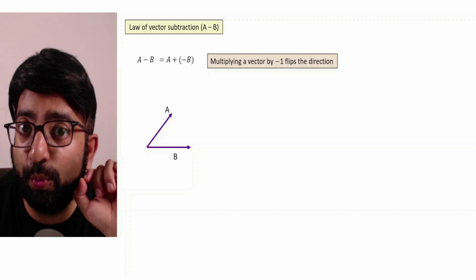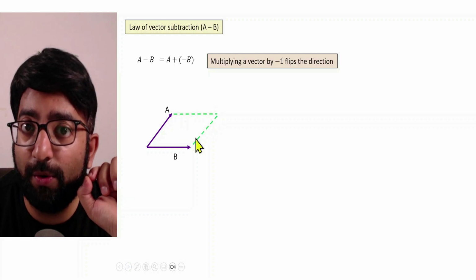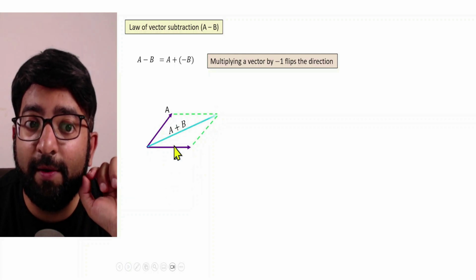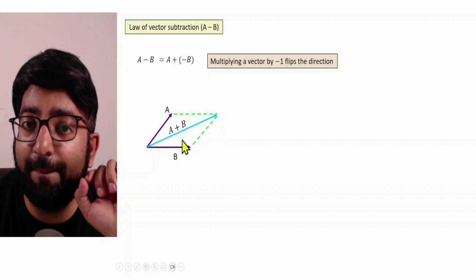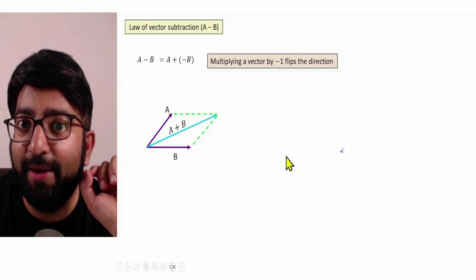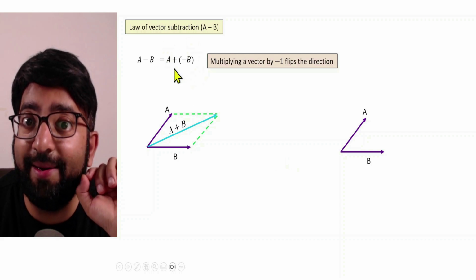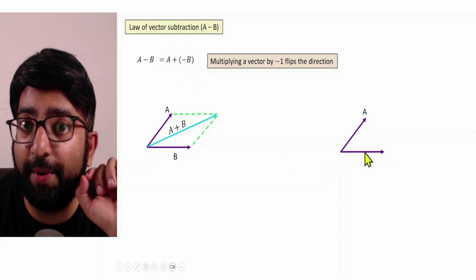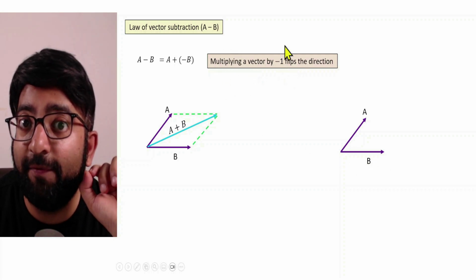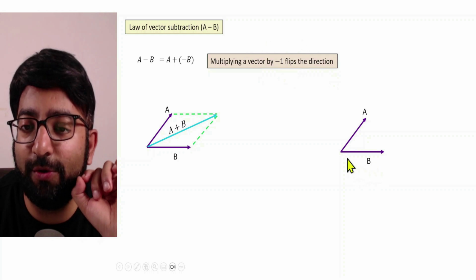Consider this diagram when we have two vectors a and b. For addition, the steps were simple. We needed to create a parallelogram using the two vectors, and then we draw the diagonal. The diagonal represents the addition a plus b. In case of subtraction, remember what we are supposed to do. We need to add a and negative b. So b vector is over here. Now remember, whenever we multiply a vector by minus 1, it flips the direction, but the magnitude does not change.